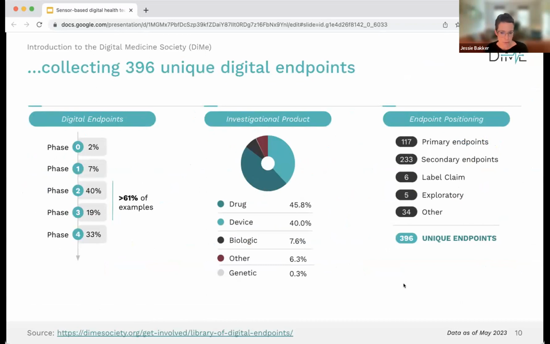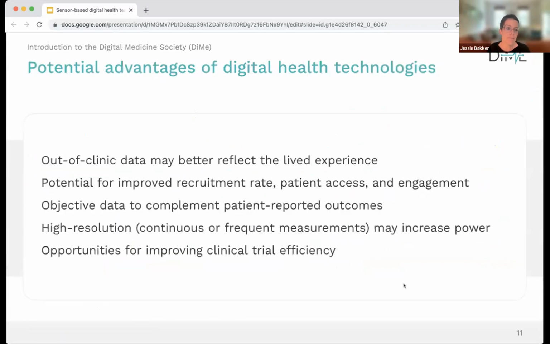So that's enormous growth in a very short time. An almost tenfold increase in the number of industry sponsors working in this space in a period of under 4 years. And that is undoubtedly driven by the fact that digital measurement tools do offer several advantages over traditional methods of data collection in clinical trials.